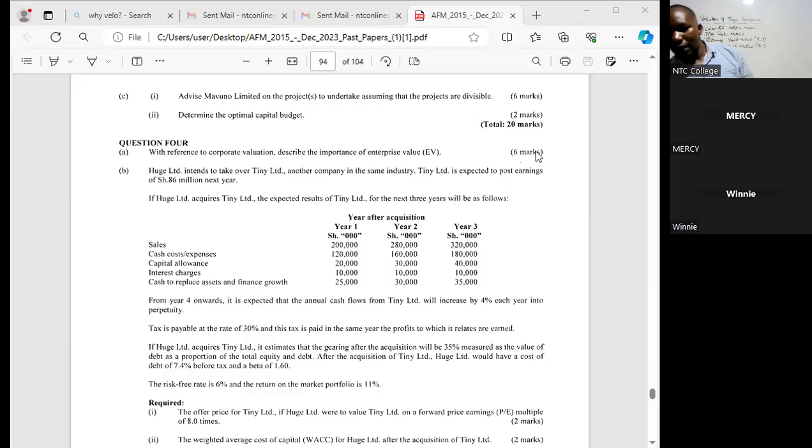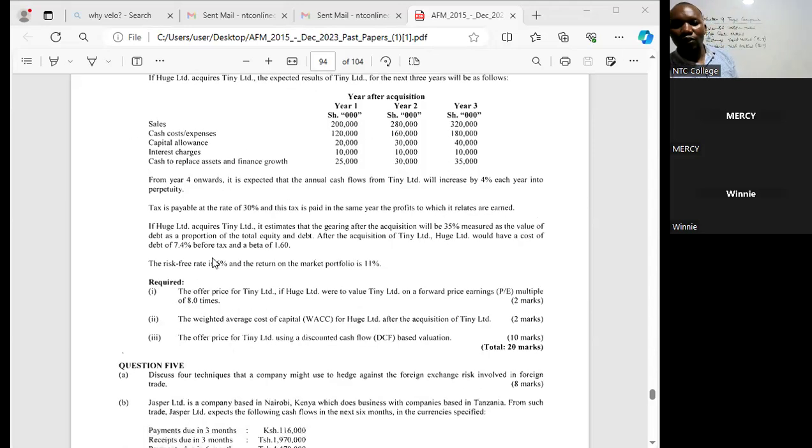So that means that from year 4 upward, you cannot know the exact amount unless you calculate. The question says that tax is paid at the rate of 30%, and this tax is paid in the same year the profits to which it relates are earned. Now, when you talk about tax being paid at 30% in the year to which the profits are related, what does that mean?